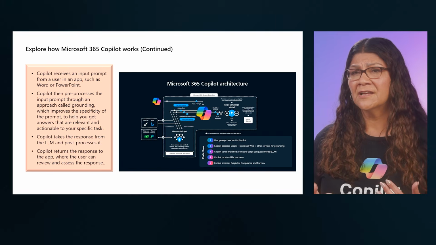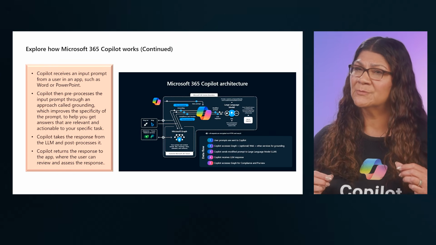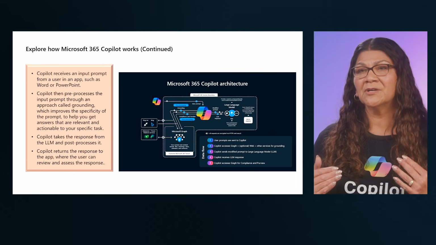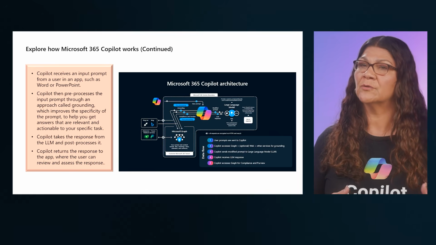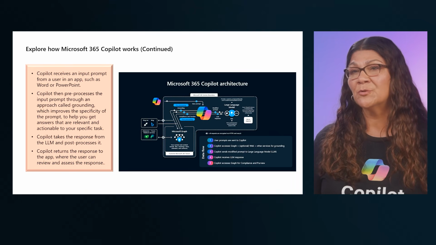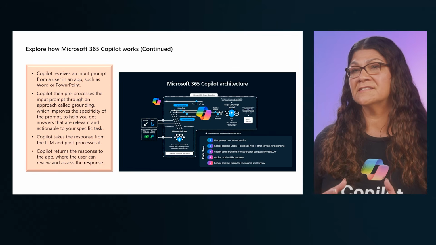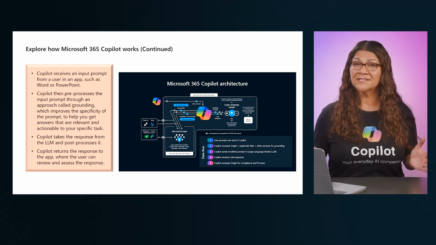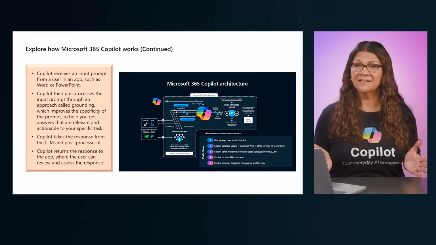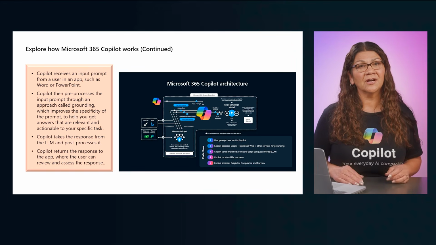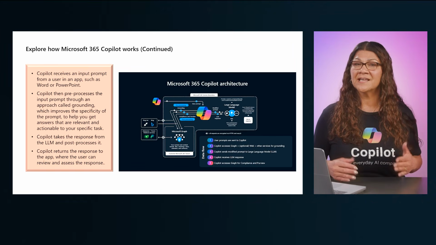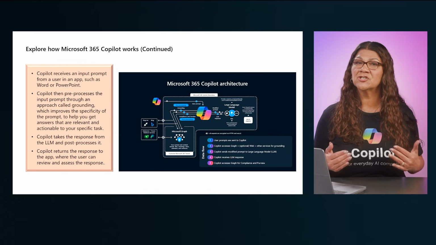Best practice here is to be as clear as possible in your prompts and to keep your content stored in OneDrive or SharePoint so that Graph can provide the strongest grounding signals possible. Once Copilot understands your intent, it sends the modified prompt to the large language model, which generates a thoughtful, language-rich draft.